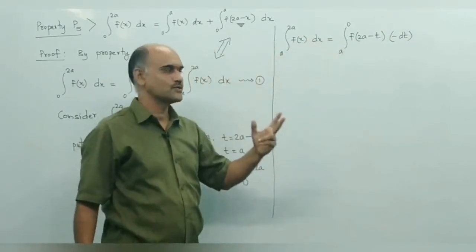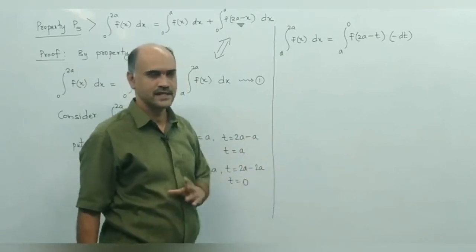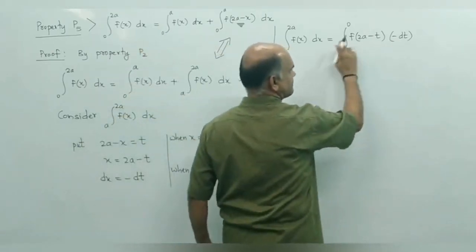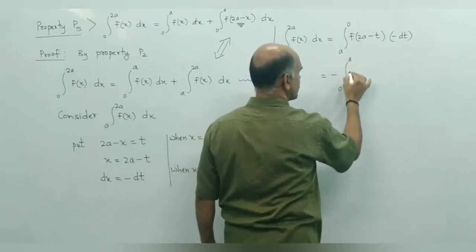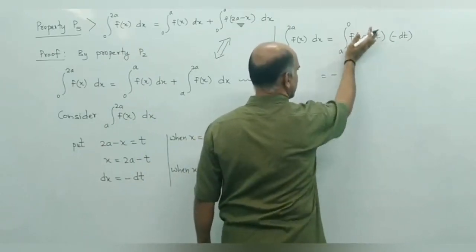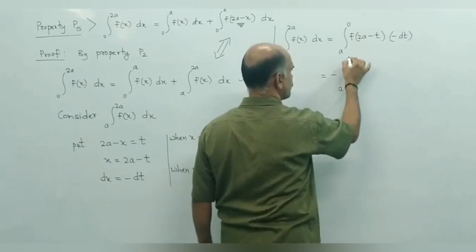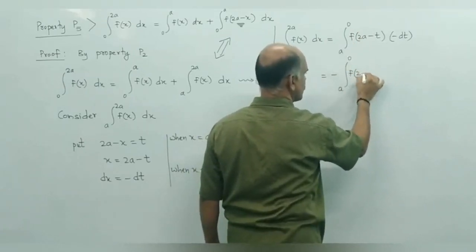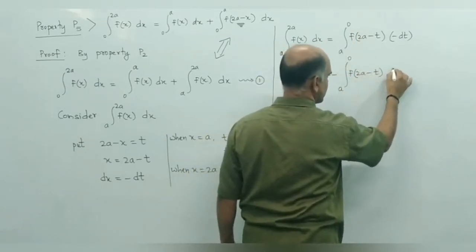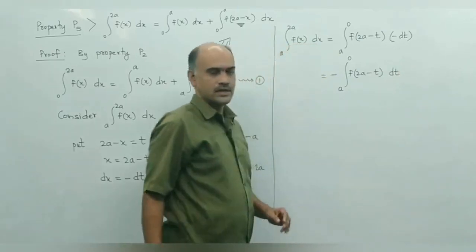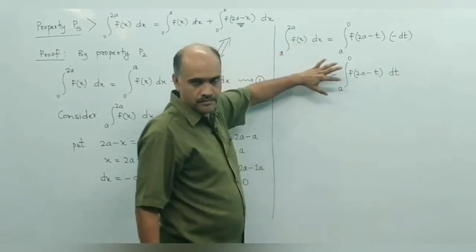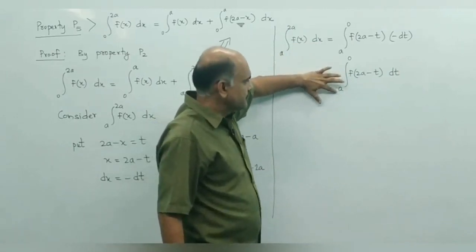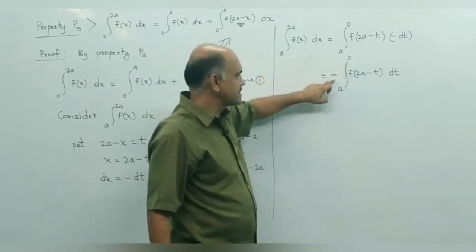So in the last two properties what you have solved, same steps. So now take minus outside, you will have minus integration a to 0 f of 2a minus t dt. Now again by property P1, if you interchange limits, sign changes.